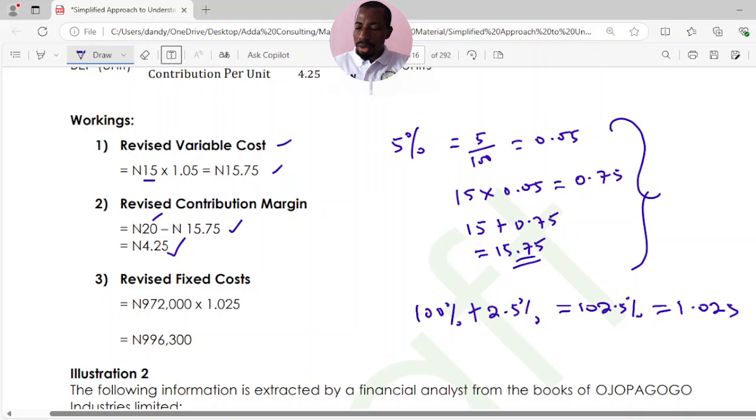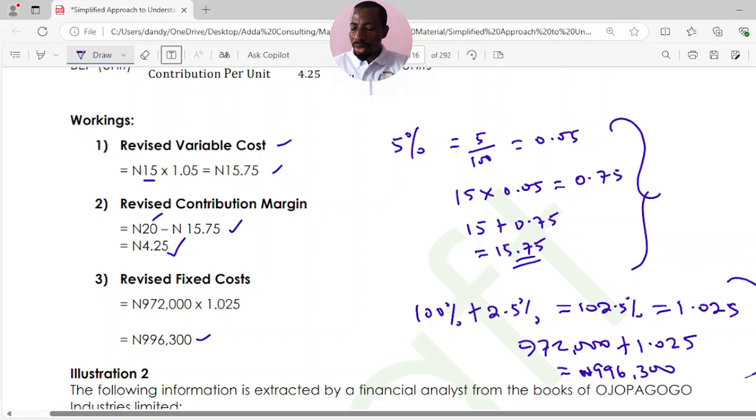So all I need to do is to multiply the 972,000 by 1.025. That produces 996,300. Again, there is no need for you to be doing all of this. It's a waste of time. Just multiply 1.025 by the 972,000 and you get your answer directly.